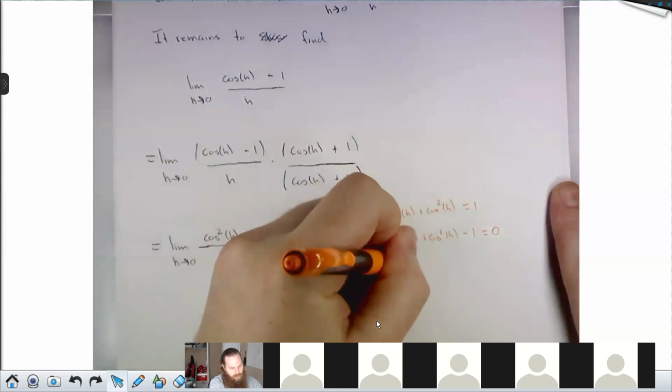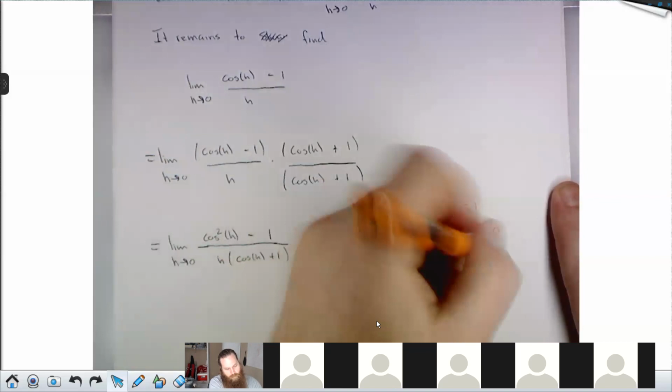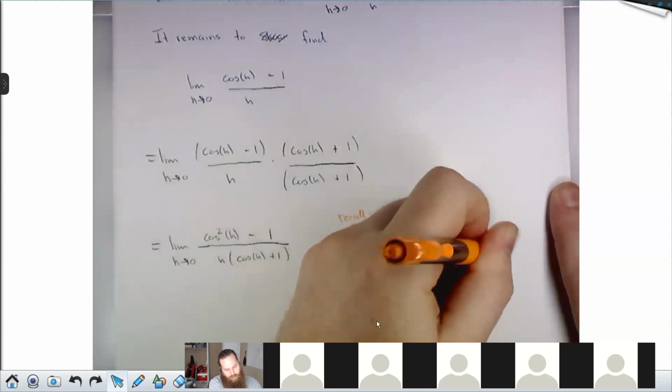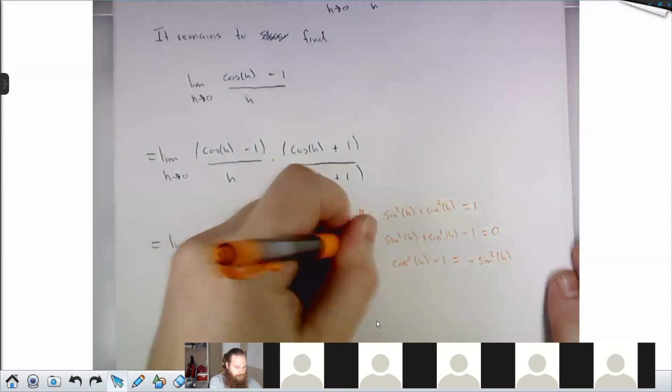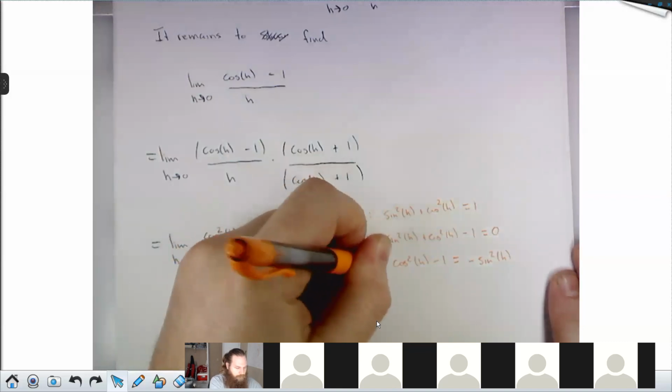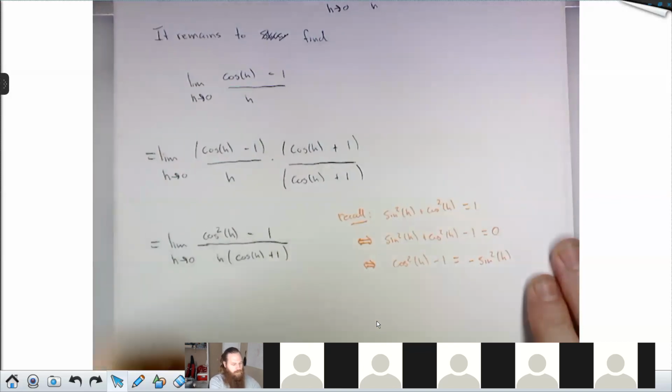So I'll get cos squared h minus 1 equals negative sine squared h. So this numerator, cos squared h minus 1, is negative sine squared.